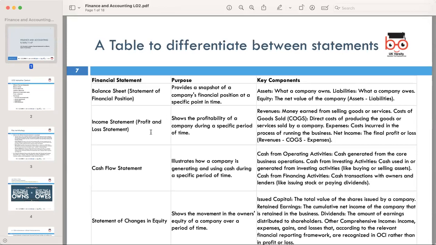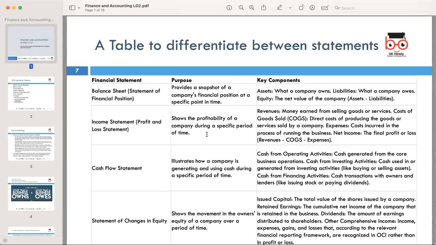Now, moving on, the income statement. This statement shows the profitability of a company during a specific period of time, typically, let's say, a year or quarter. Key components include revenue, cost of goods sold, expenses, and net income.